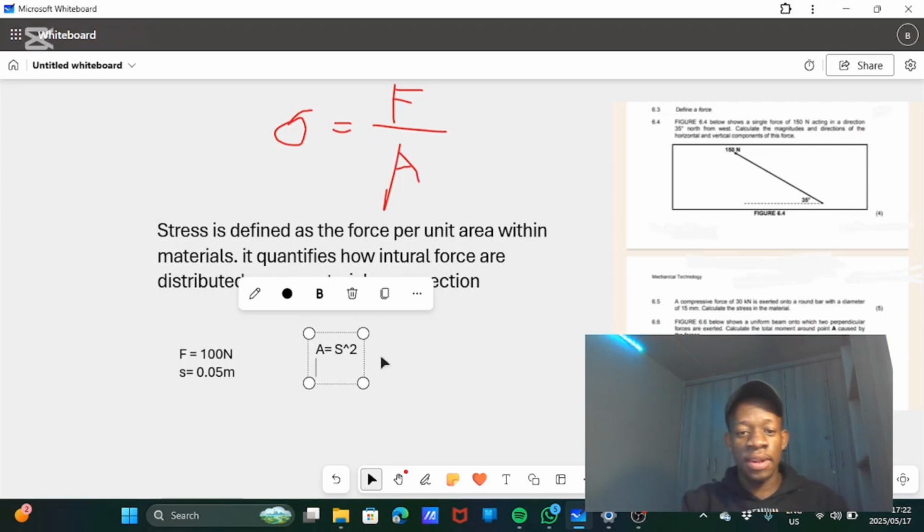So let's calculate our area. We have S, which is 0.05, squared.